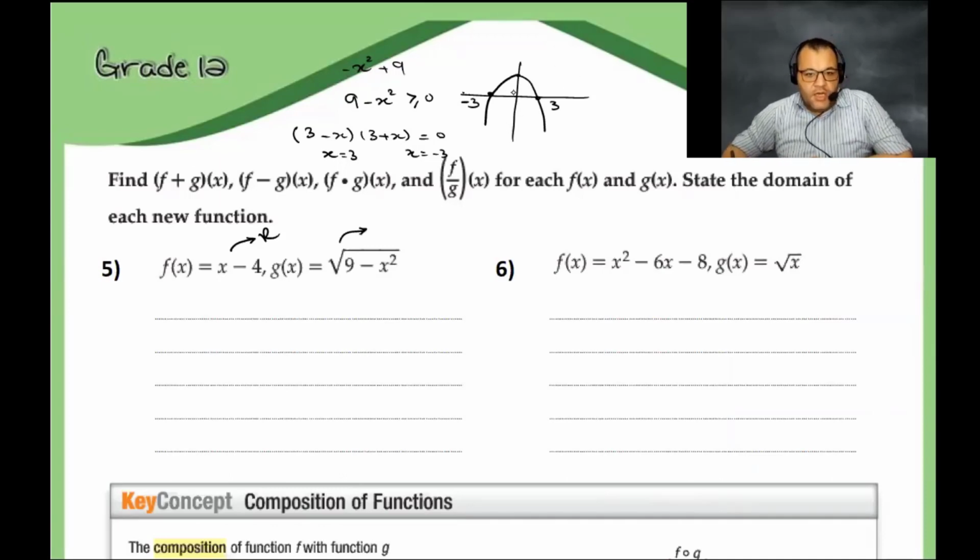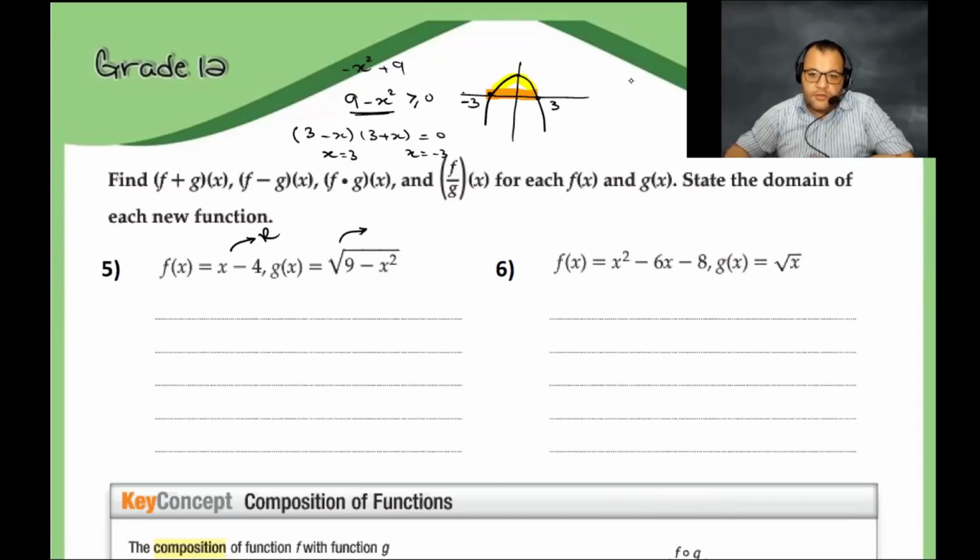So for the first one here, we need the expression to be greater than or equal to 0. What is the meaning of greater than or equal to 0? It's above the x-axis. Above the x-axis means I need this part, starting from negative 3 and ending at 3.